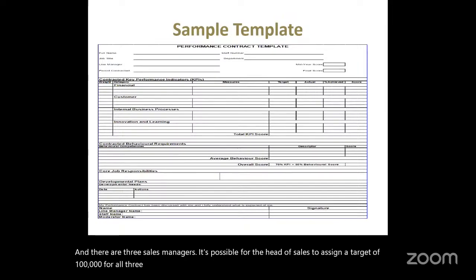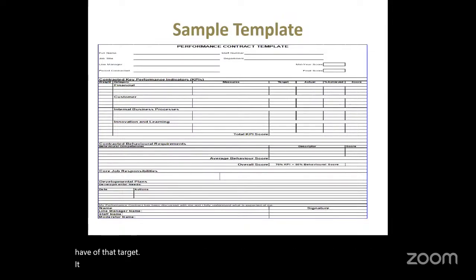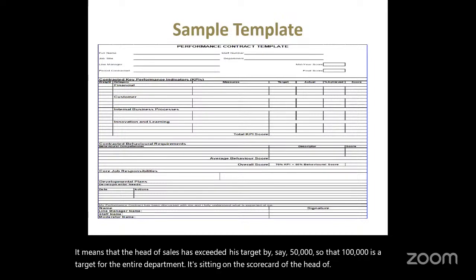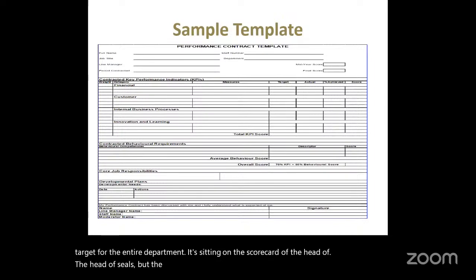If you are not able to meet that target and each of you does half of that target, it means that the head of sales has exceeded his target by say 50,000. So that 100,000 is a target for the entire department. It's sitting on the scorecard of the head of sales, but the 100,000 could also sit on the scorecard of the sales manager, because that is what his boss is accountable for.